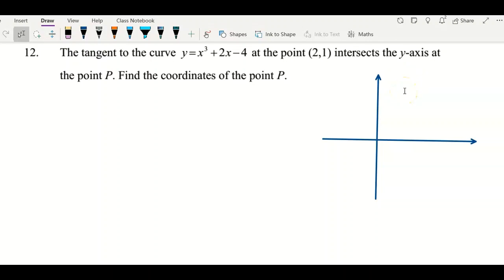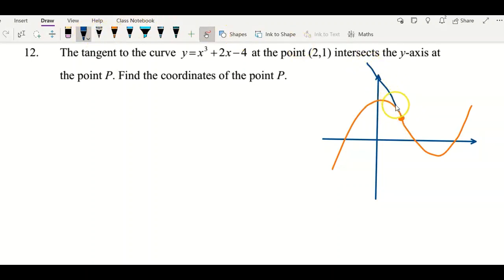So let's say if you don't have any idea about this question, let's sketch the diagram and see what happens. For x cubed plus 2x minus 4, I simply sketch a cubic curve. I don't care whether it is correct or not, just a curve to represent this. The point (2, 1) is maybe somewhere over here. I want to get the gradient of the tangent.